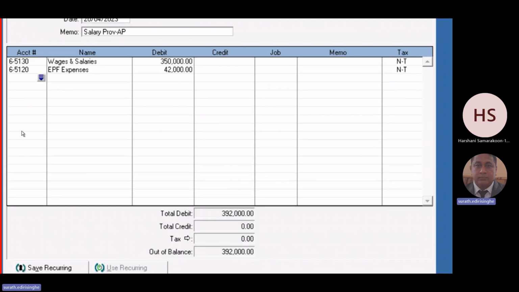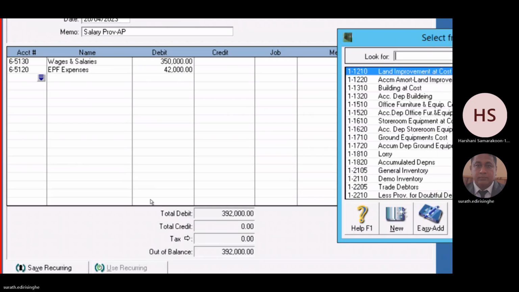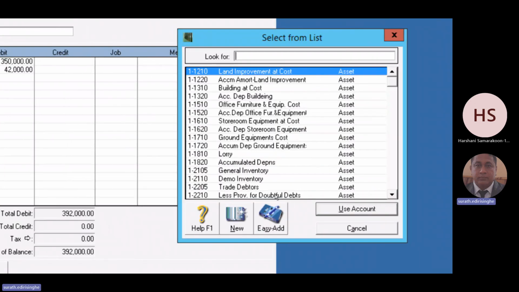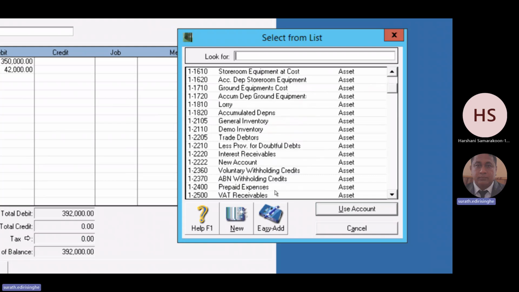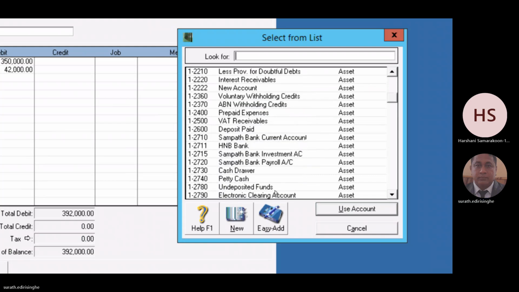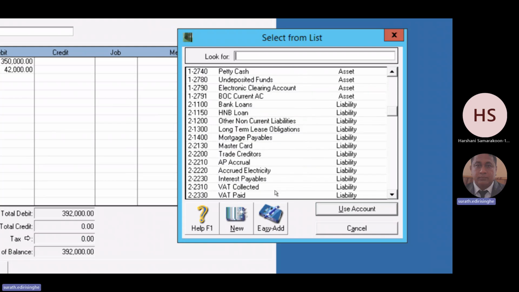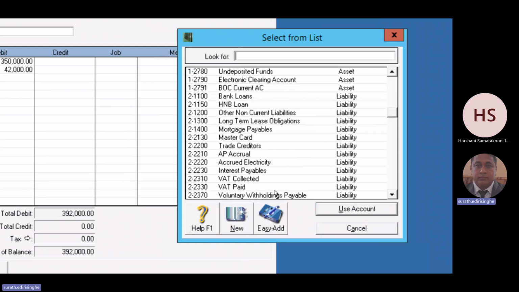Credit on which account? Salary payable account or common accrued account. Look at the liability section. Under the liability section, salary payable account is there? No. Common accrual accounts.